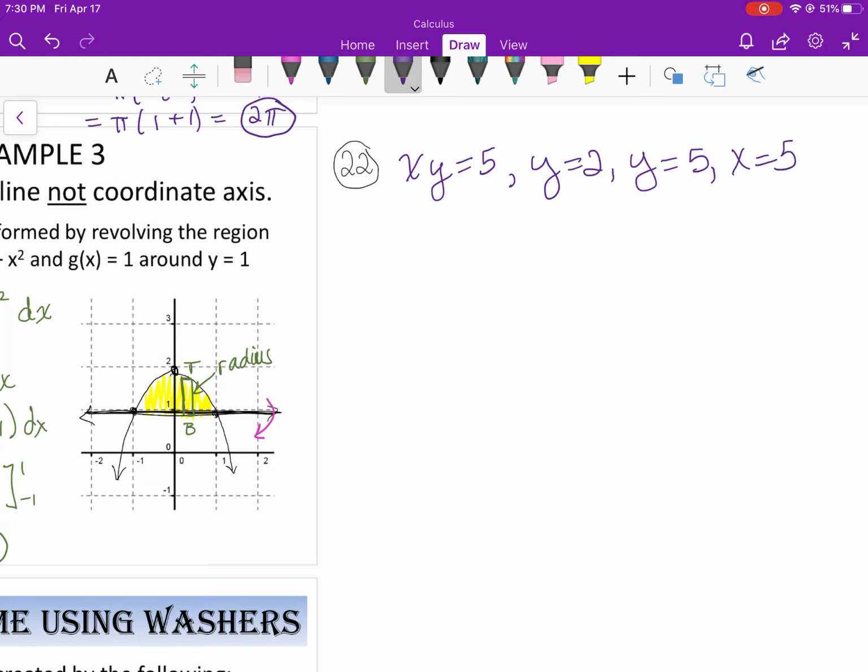That is what it's bounded by, and I want to rotate it around x equals 5.